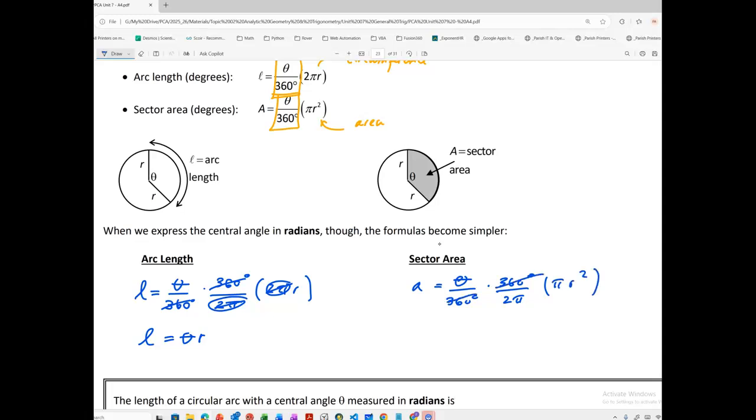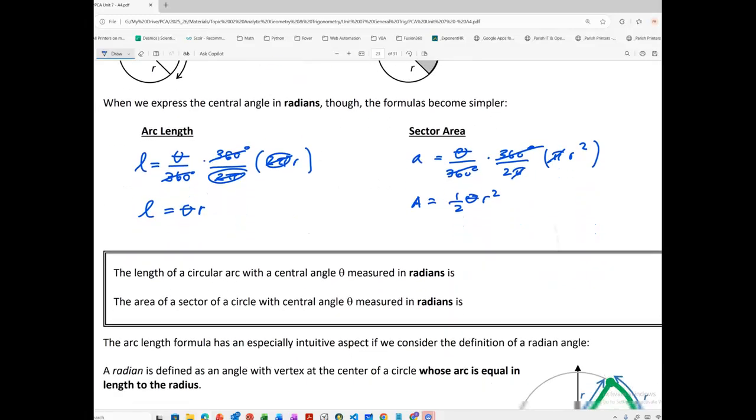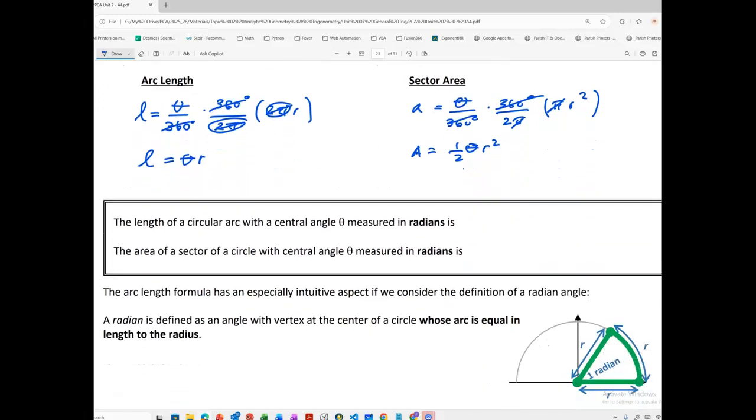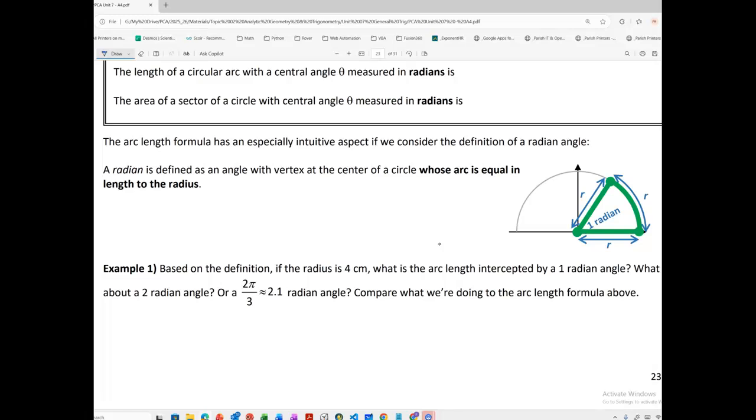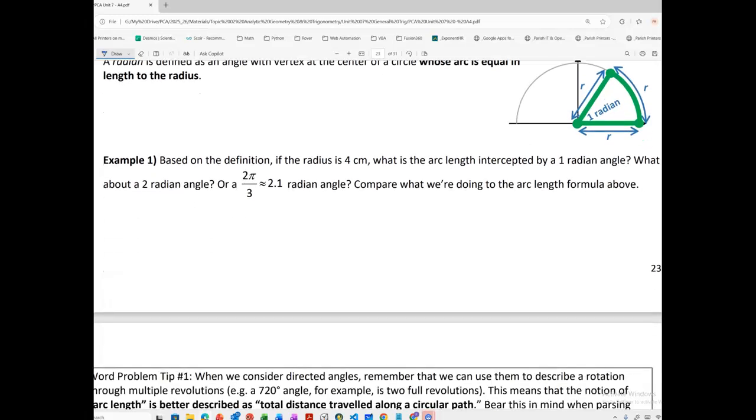My 360s cancel, pi cancels, and it leaves me with area equals 1/2 theta r squared. Does everybody see that? Okay, much more elegant and streamlined than the prior formulas. So this little tidbit here is simply reiterating what we went over a couple minutes ago as far as the importance of radians to calculus.